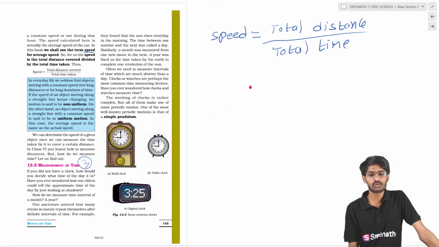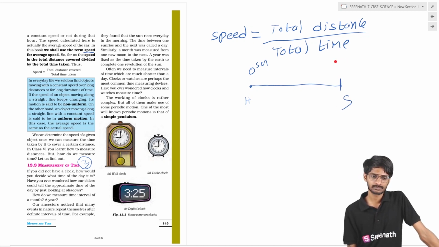Suppose you have started at your home, okay students, and at that time it is 0 seconds, and you have reached the school. It takes almost 60 seconds, like that. It will take more than 60 seconds.